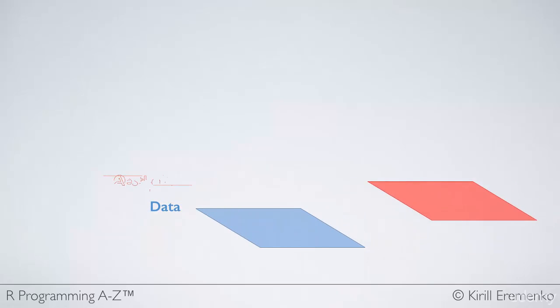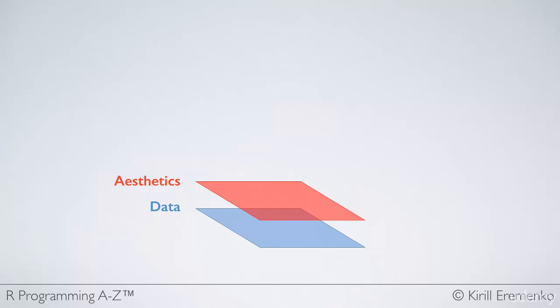A chart, or a layer on a chart, will consist of the data, obviously, and aesthetics, which are things we see. You might have some information in your data, like a number such as revenue or an expense or the number of people, but you can't see a number on a chart, right?